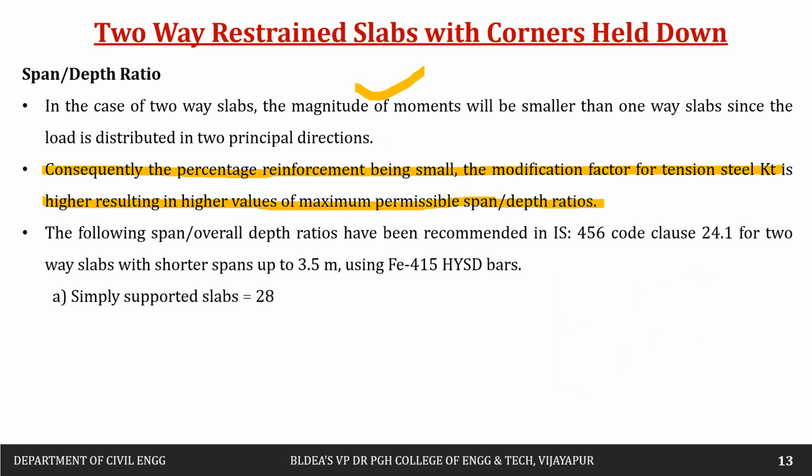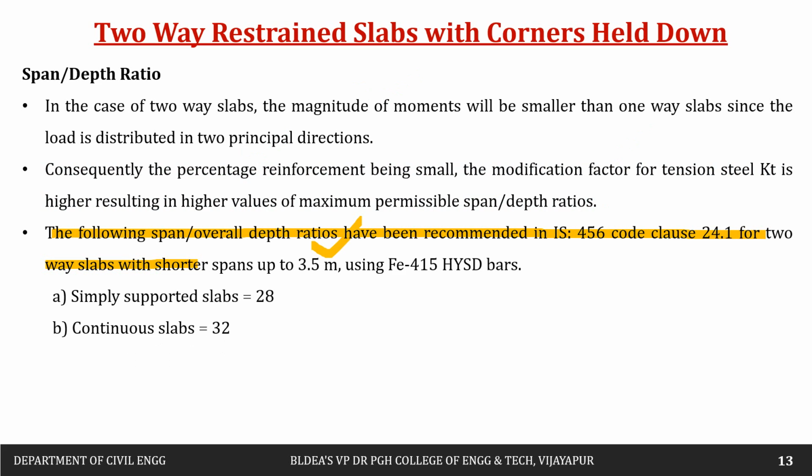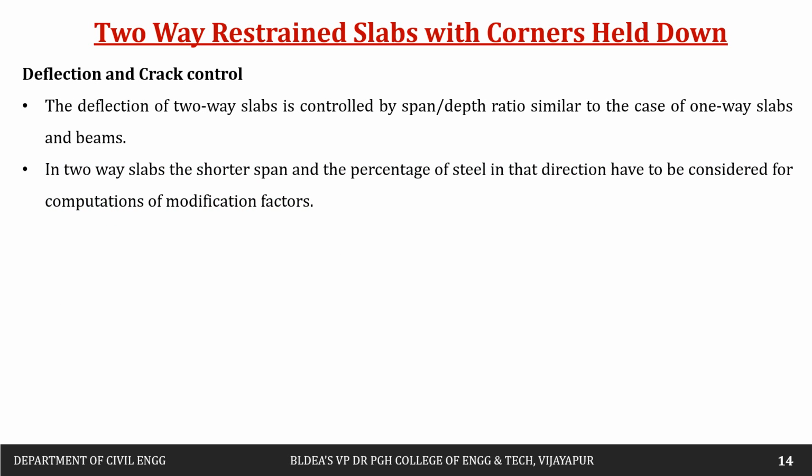The following span to overall depth ratios have been recommended in IS 456 clause 24.1 for two-way slabs with shorter spans up to 3.5 meters. For a simply supported slab we can have 28, and for a continuous slab it is 32.